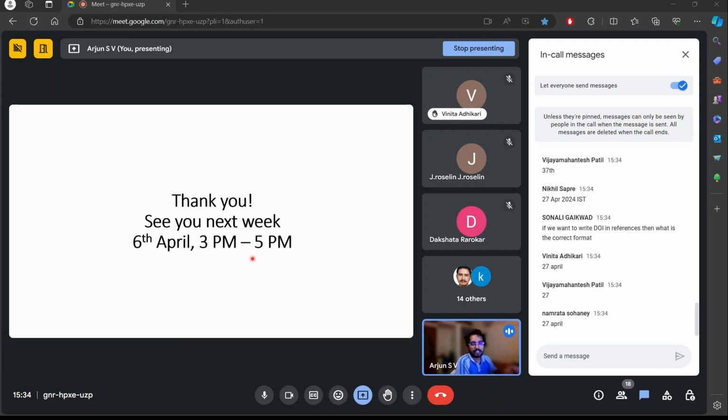Sonali is asking, if you want to write a DOI in references, what is the correct format? A DOI has two different formats: one is the hyperlink, and one is the direct numerical reference. Either one of them is acceptable.